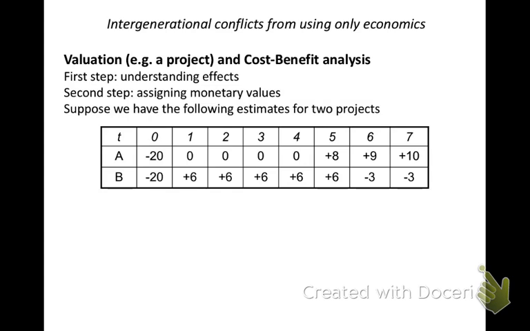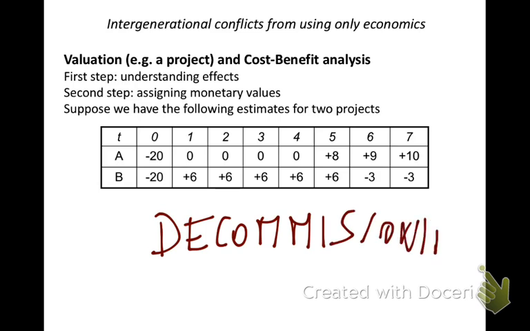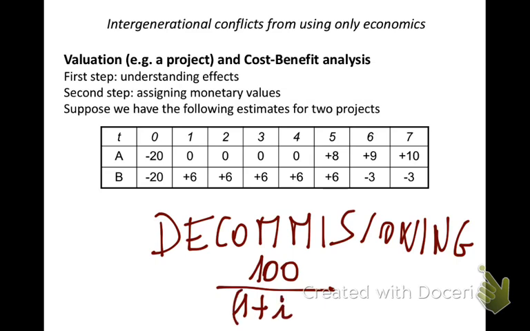Typically, when you have a nuclear plant, you have decommissioning, which is the dismantling of the nuclear plant. But perhaps this is in 50 years. And suppose the cost is very high, maybe 100, but then you have to divide by 1 plus the discount rate to the power of 50, which becomes very small.